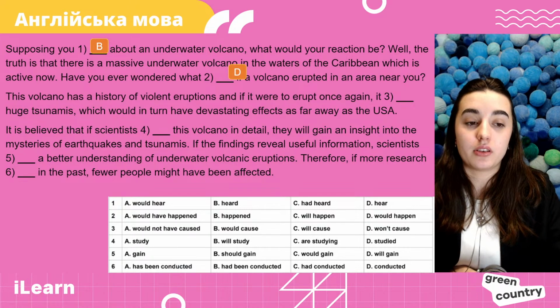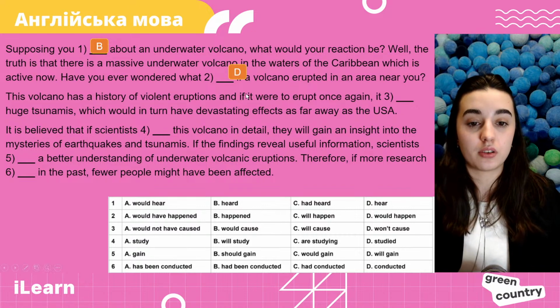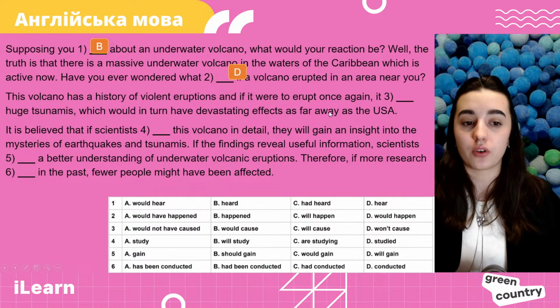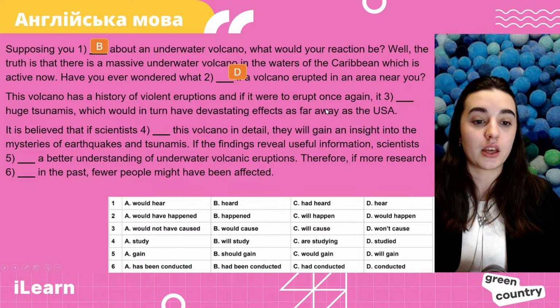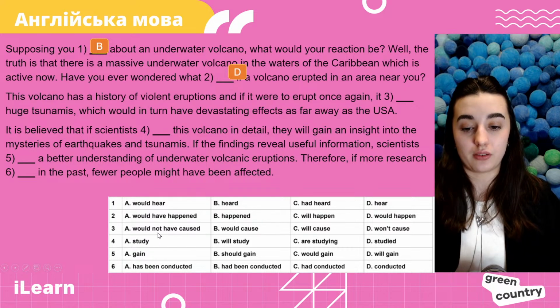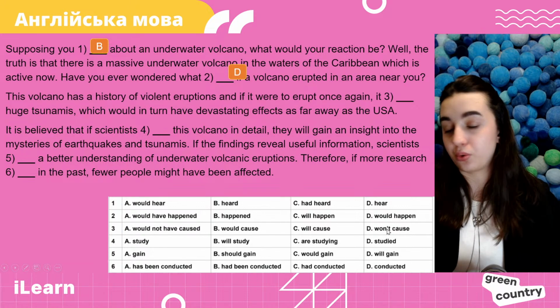Then number 3. If it were to erupt once again, it huge tsunamis, which would in turn have devastating effects as far away as the USA. So, if it were to erupt once again, it wouldn't have caused, would cause, will cause, or won't cause.